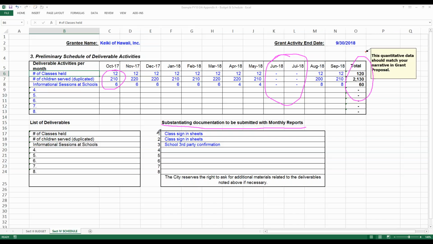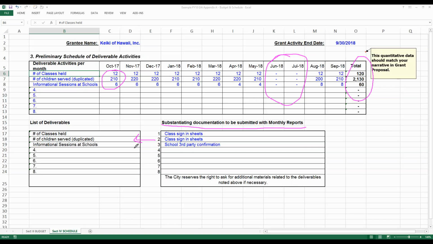So in this case, Keiki of Hawaii will be presenting sign-in sheets as a proof of number of classes held. The sign-in sheets may also be used to verify the number of children served for that month.